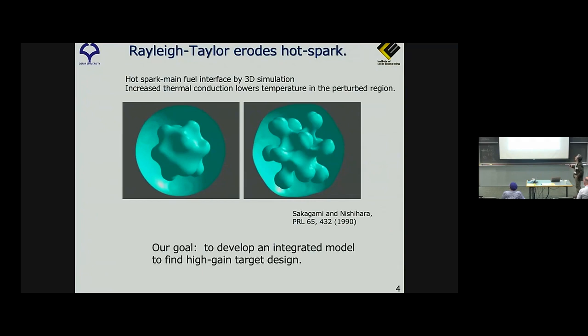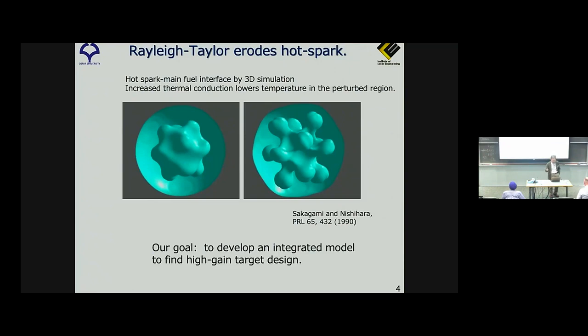And here is some stage after that. Since the surface area of the bubble region is so big, thermal conduction easily cools down the temperature of the hot spark. That means quenching the ignition. So we have to control this Rayleigh-Taylor instability.